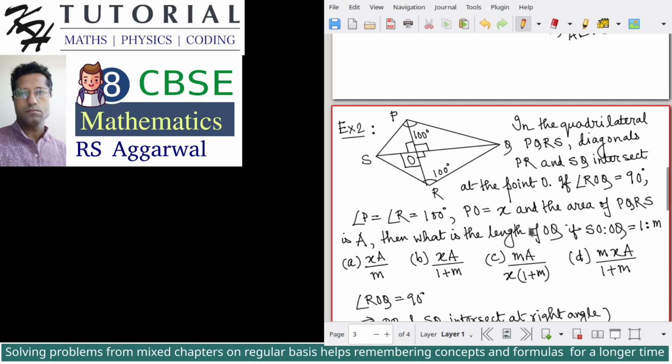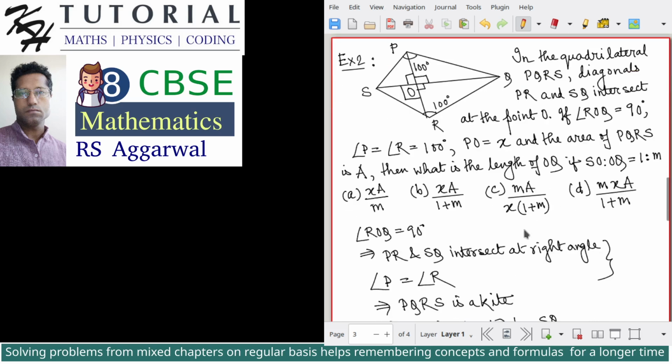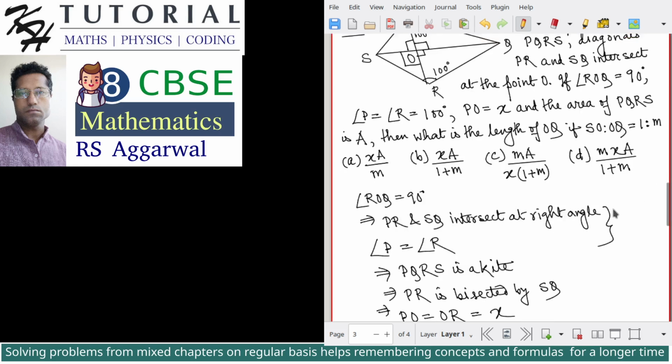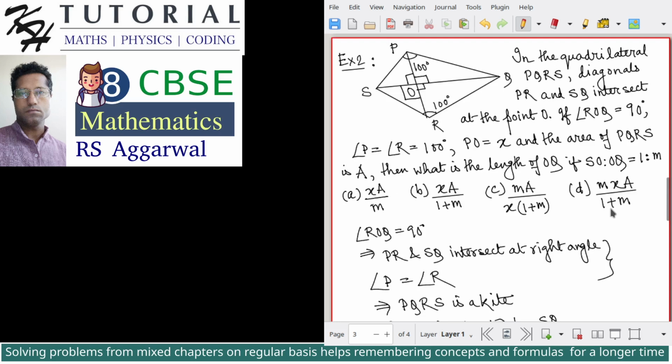And the area of PQRS is A. Also note another property of a kite: the diagonal which is not bisected in a kite, which is SQ, will divide the entire kite into two equal triangles. In this case, the triangles are SPQ and triangle SRQ.